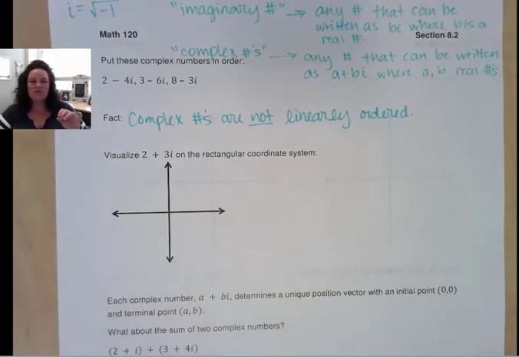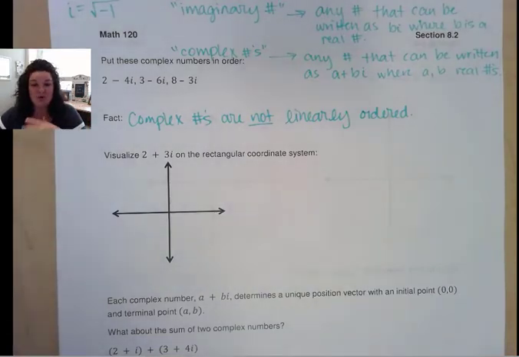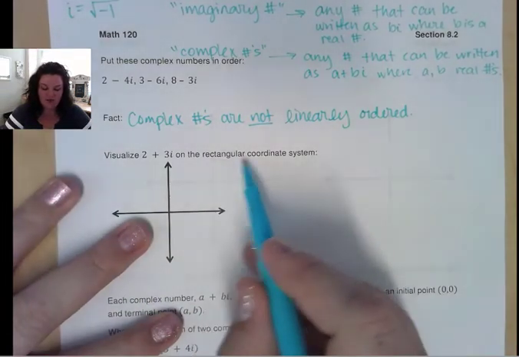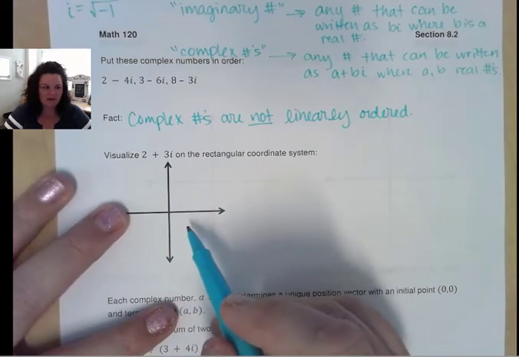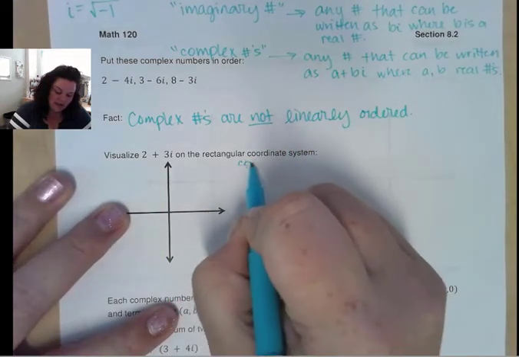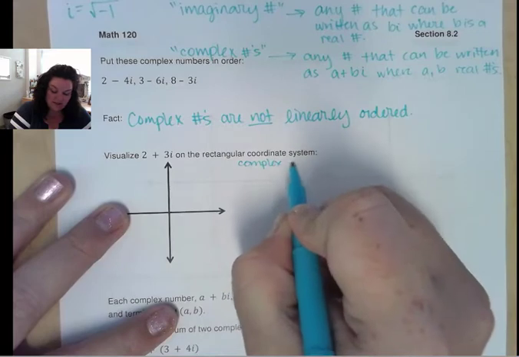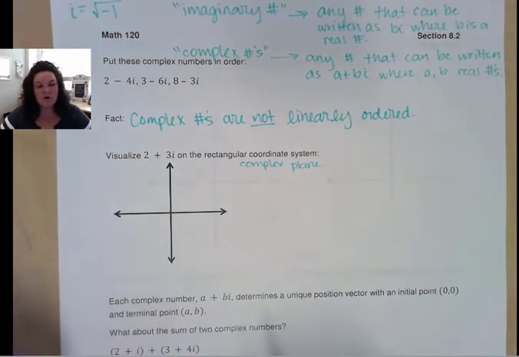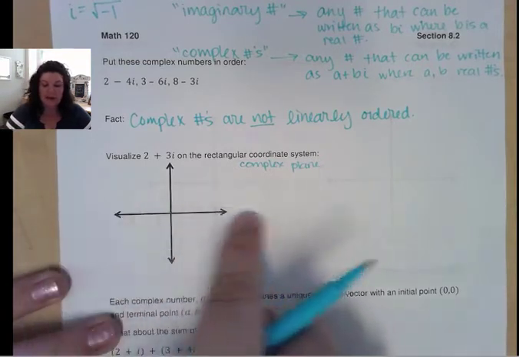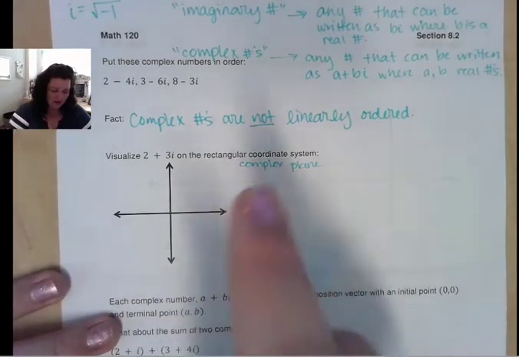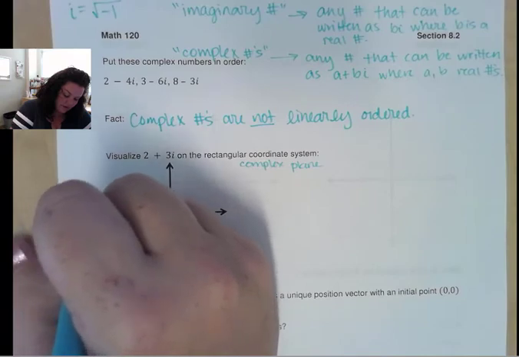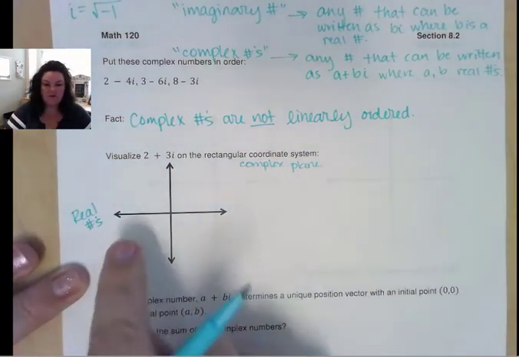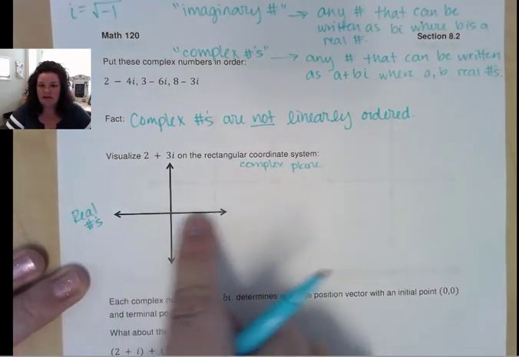So what we're going to do is try to just visualize what this complex number would look like on a rectangular coordinate system. Now, a rectangular coordinate system is just our typical graph, right? But what we're looking at is basically a complex plane, okay? So what I want to do is consider my x-axis my real numbers, real numbers on my horizontal axis, right?